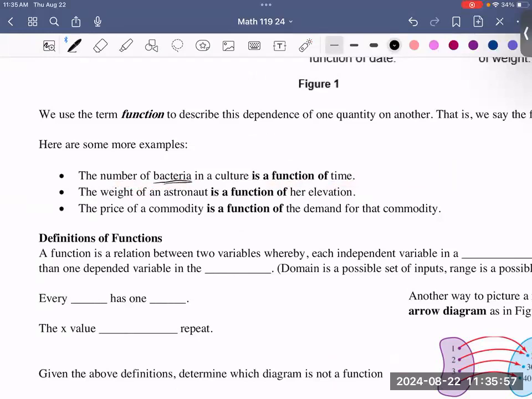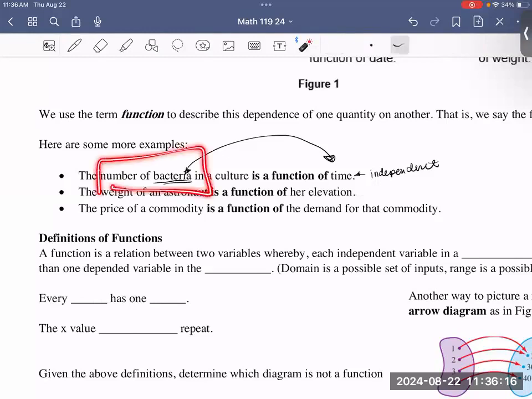The more it's going to grow over time. So your time is the independent variable, right? You can't really cap time. It just goes throughout. But depending on where we start and stop, the bacteria will continue to grow.